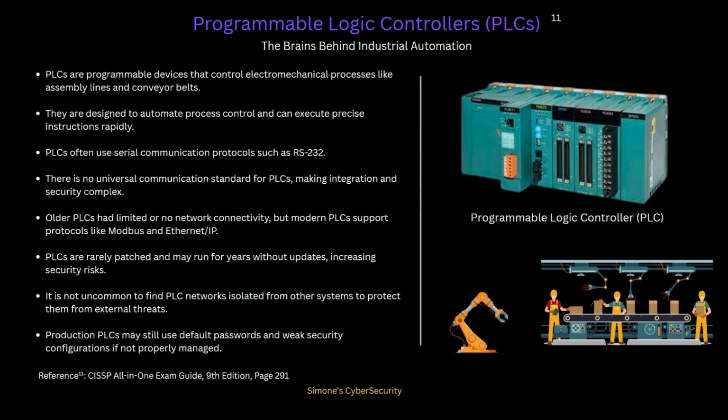So the idea is simple. You program a PLC with a set of instructions, and it executes those instructions quickly and reliably to control physical devices. For example, you could program a PLC to open or close valves, start or stop motors, or read sensor values and then trigger an action.